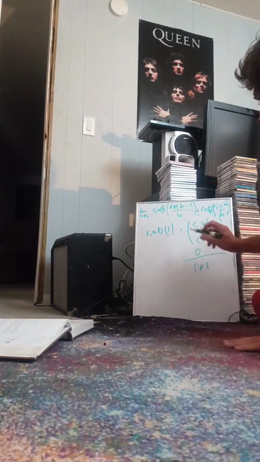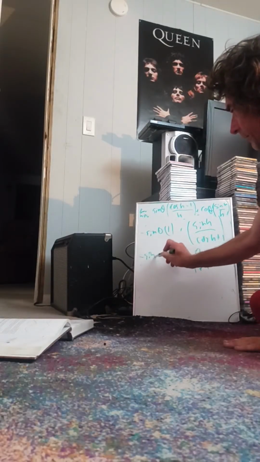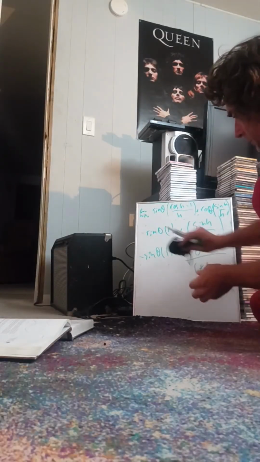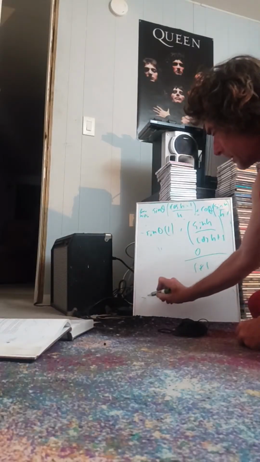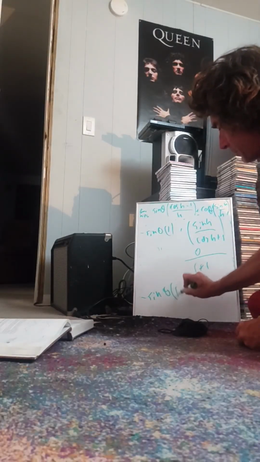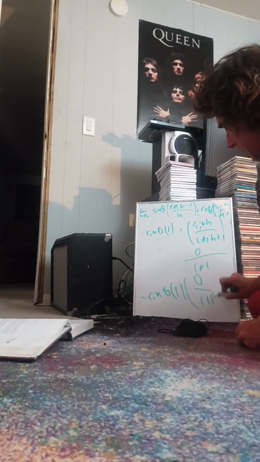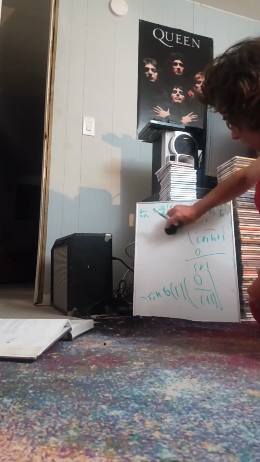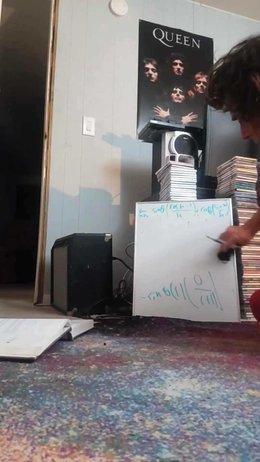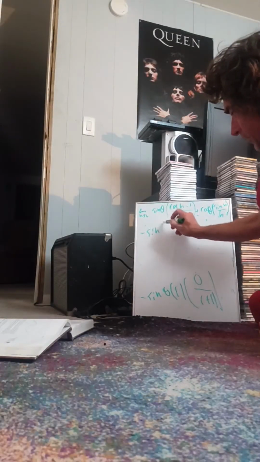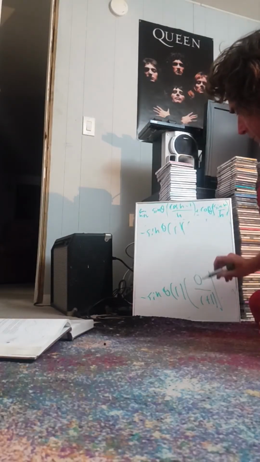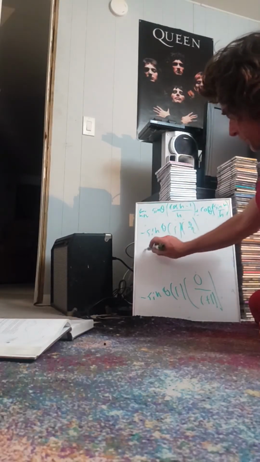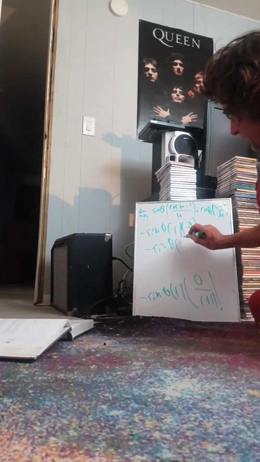Therefore, this becomes minus sine theta times 1 times 0 over 1 plus 1, which is minus sine theta times 1 times 0 over 2, which is minus sine theta times 0.